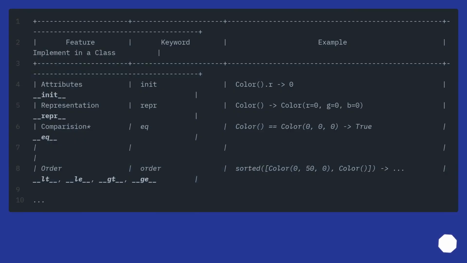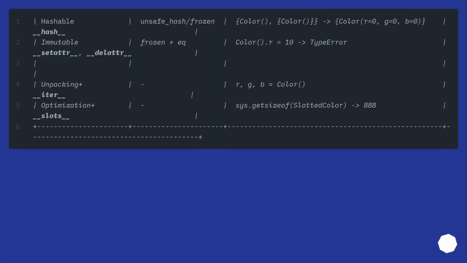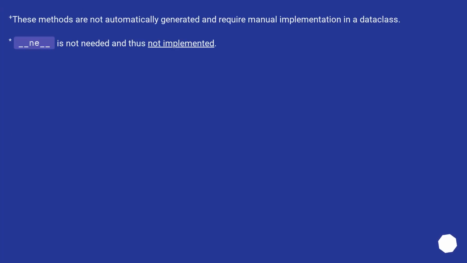Summary table. Plus, these methods are not automatically generated and require manual implementation in a data class. __ne__ is not needed and thus not implemented.